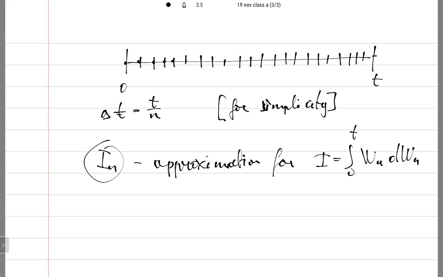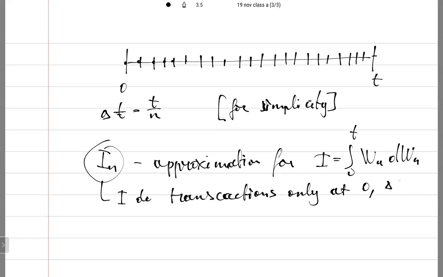In these approximations, I don't trade my cups continuously, but I do transactions only at 0, delta t, 2 delta t, 3 delta t, and so on. So I only buy and sell cups at these moments of time.